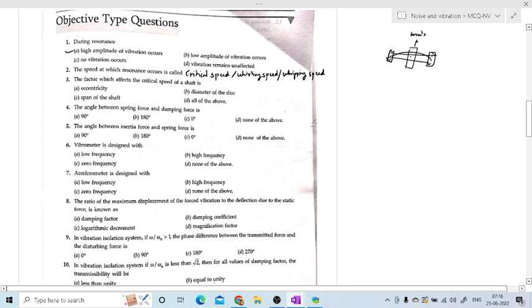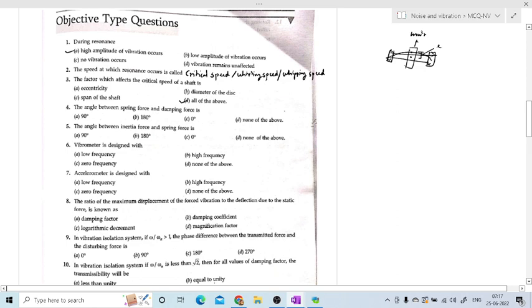Means its equilibrium position will change by distance e. So that depends upon the diameter, that depends upon the displacement, that is the eccentricity, and the length of span. Means the critical speed will depend upon eccentricity, diameter, span, means all of above. So critical speed will depend upon all of above.